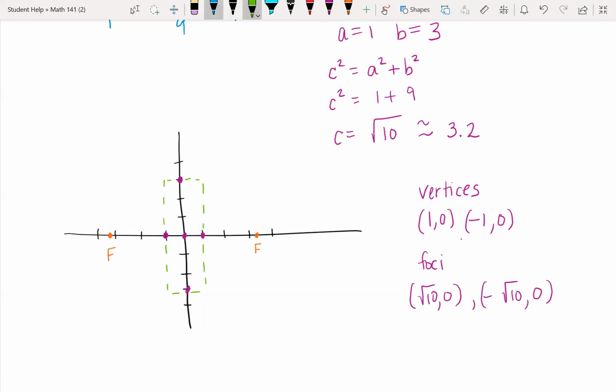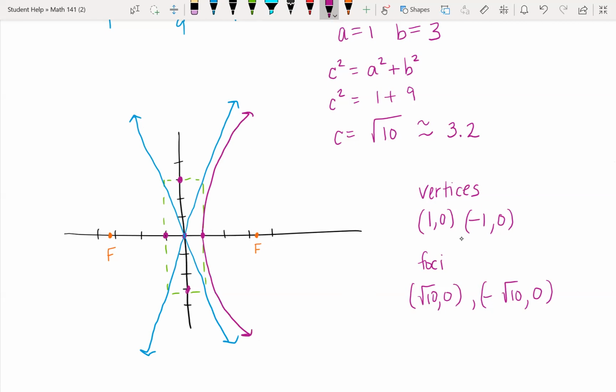Right, so the asymptotes are going to be like this. And then our graph is going to go from the vertex and then approach both of the asymptotes like this, right?